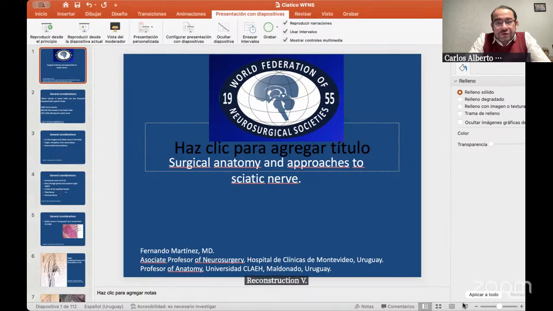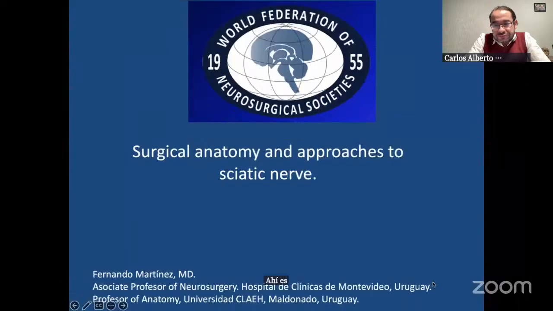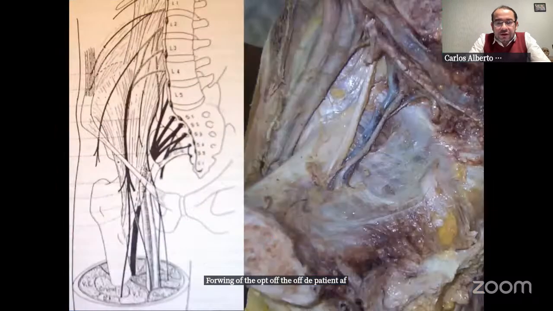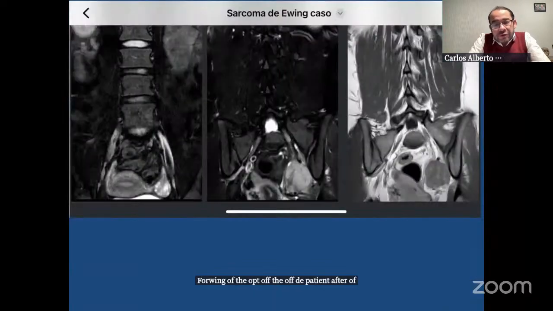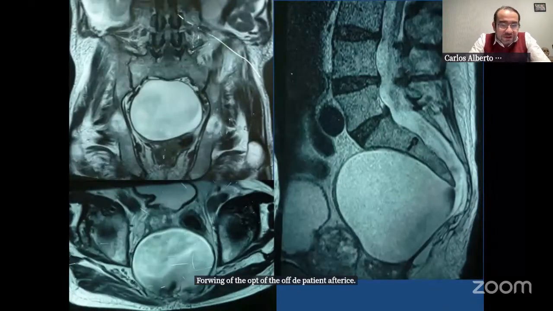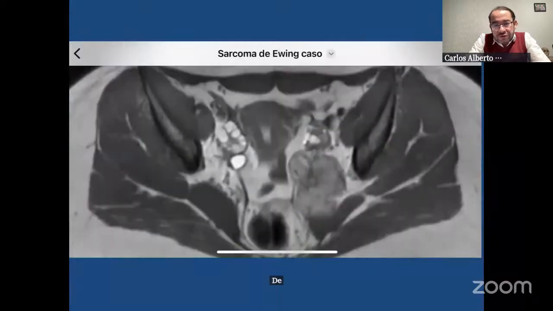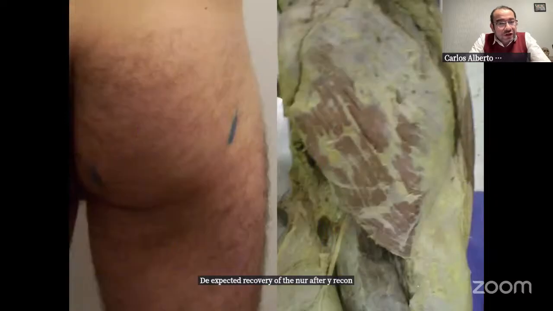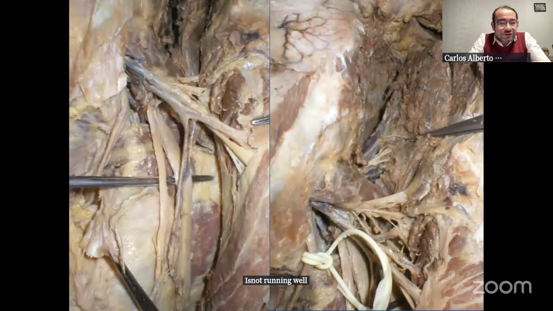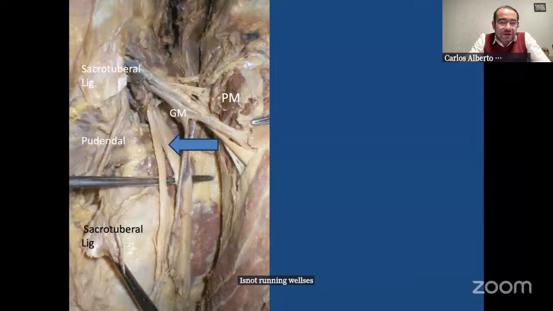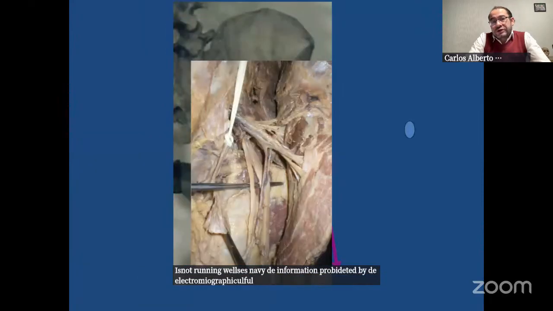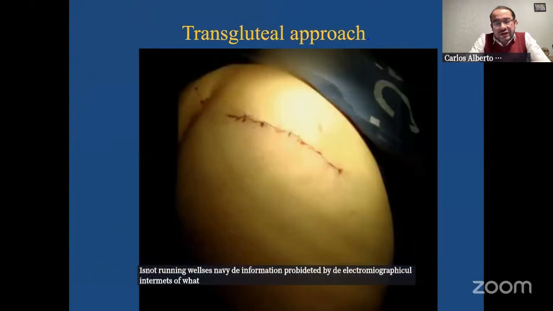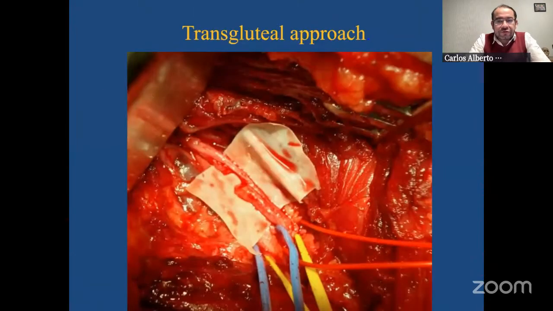So I used to prefer the clinical following of the patient after a reconstruction. But there are some occasions where the expected recovery of the nerve after a reconstruction is probably not going well. In these cases, the information provided by the electromyography could be very useful in terms of what we need to expect in a delayed recovery.